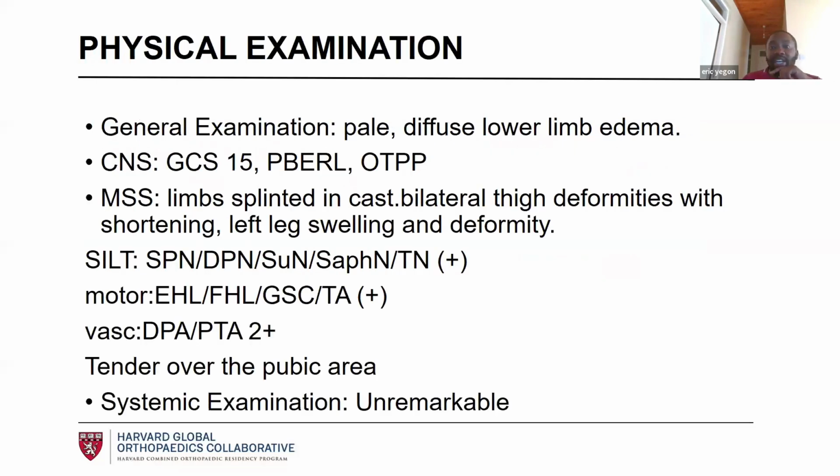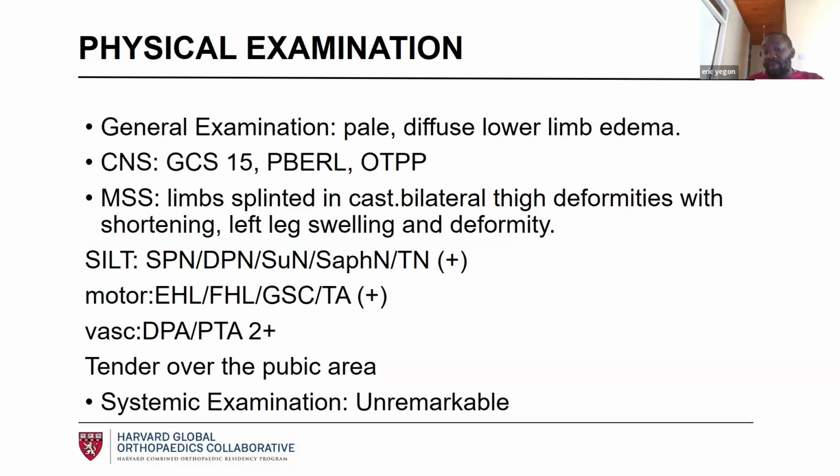On general exam, when she came, she was pale and had diffuse lower limb edema from around the foot all the way to the thigh. GCS was 15. She was responsive. When we came to the limbs, they were splinted, but on removing or modifying the splints a little, she had shortening, left lower limb swelling and deformity, and all her neurovascular exams were intact.